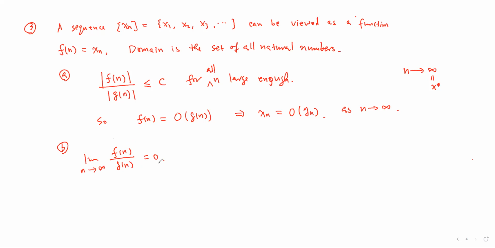This is little o for functions. Now f of n is x_n and g of n is y_n, so this implies that x_n is little o of y_n. So the little o relation for sequences is just a special case of the little o relation for functions. This is remark 3.